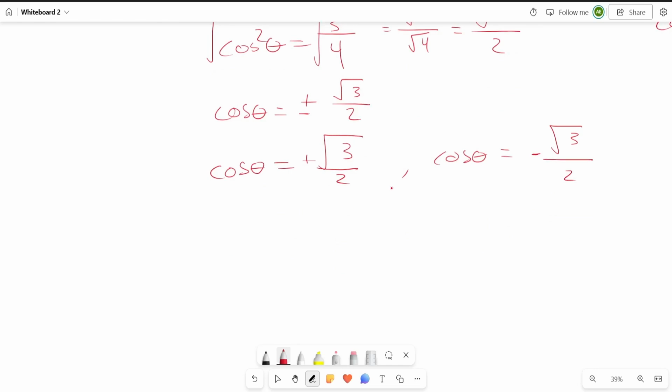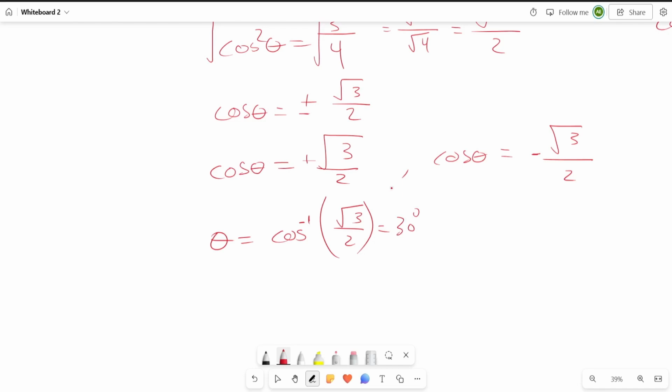So to solve this for theta, theta is going to equal inverse cosine of root 3 over 2. If I put it on my calculator, shift cosine of root 3 over 2, this is going to equal 30 degrees.